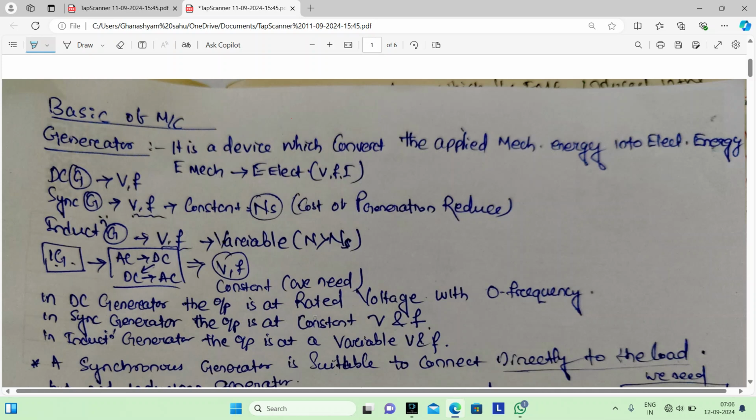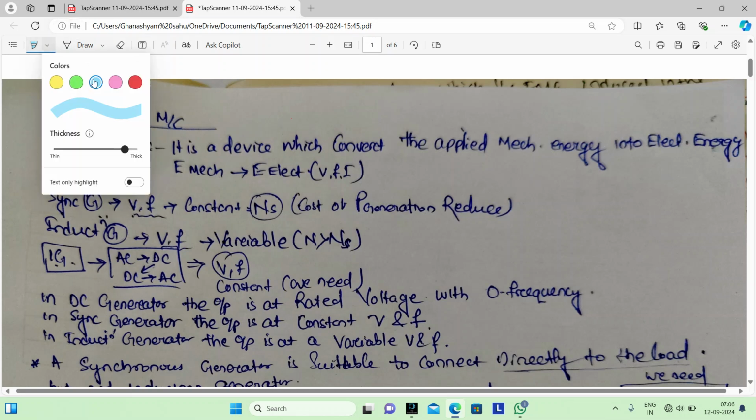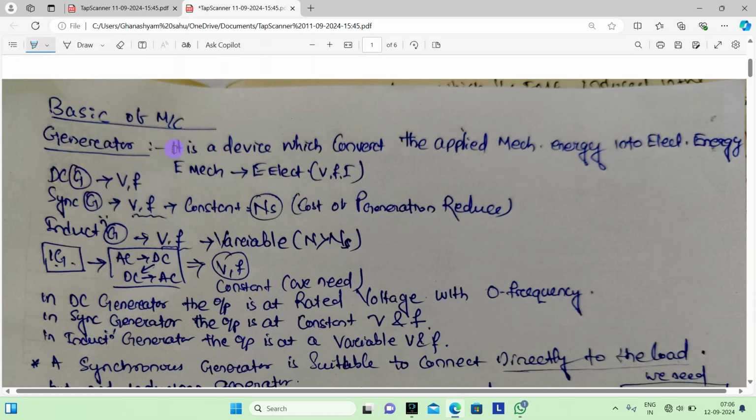So what do you mean by machine? A machine means something that does work for us. In this basics of machines, we will first discuss the generator. What is a generator? A generator generates something from something. In electrical terms, if we apply mechanical energy, it will generate electrical energy.